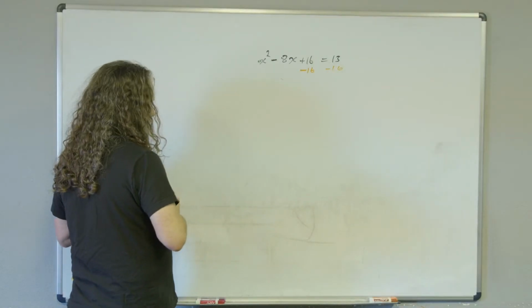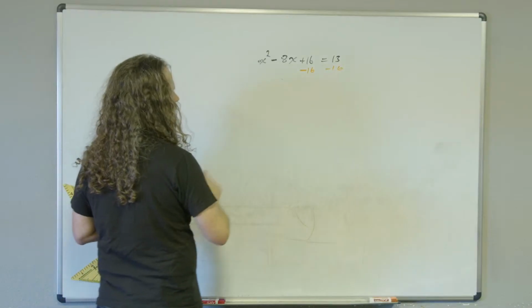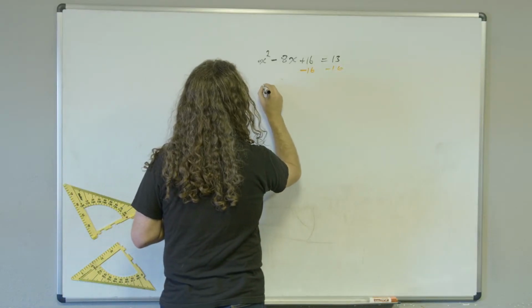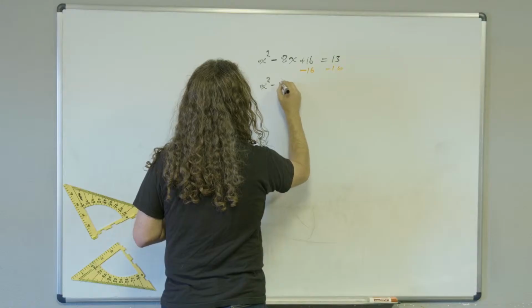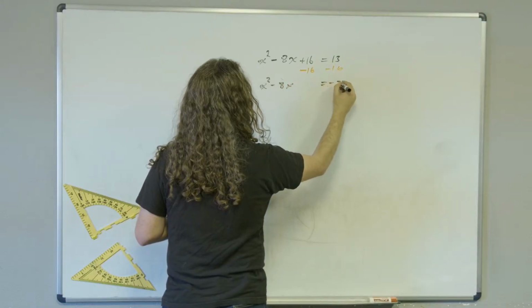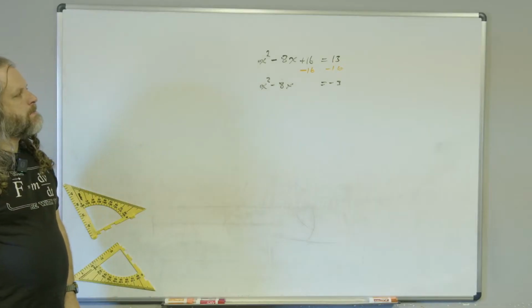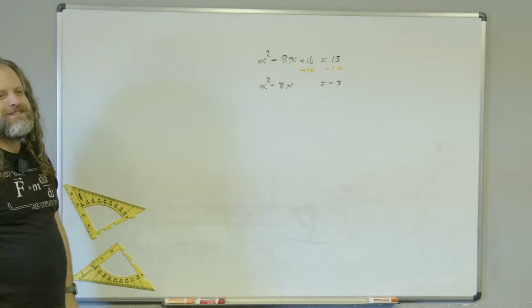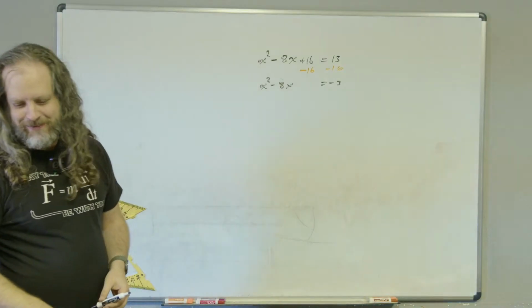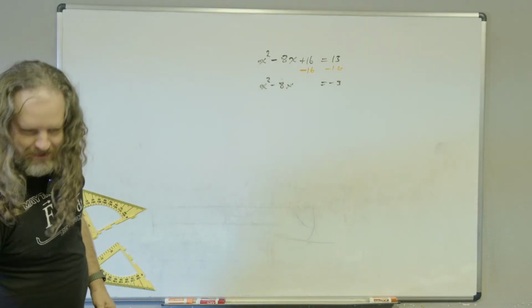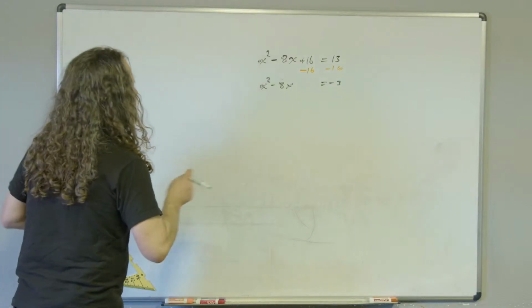All right, what's 13 minus 16? Negative 3. Now what? 8 divided by 2, the whole thing is squared. That was almost right. Negative 8. We're going to do the green part with a green marker.